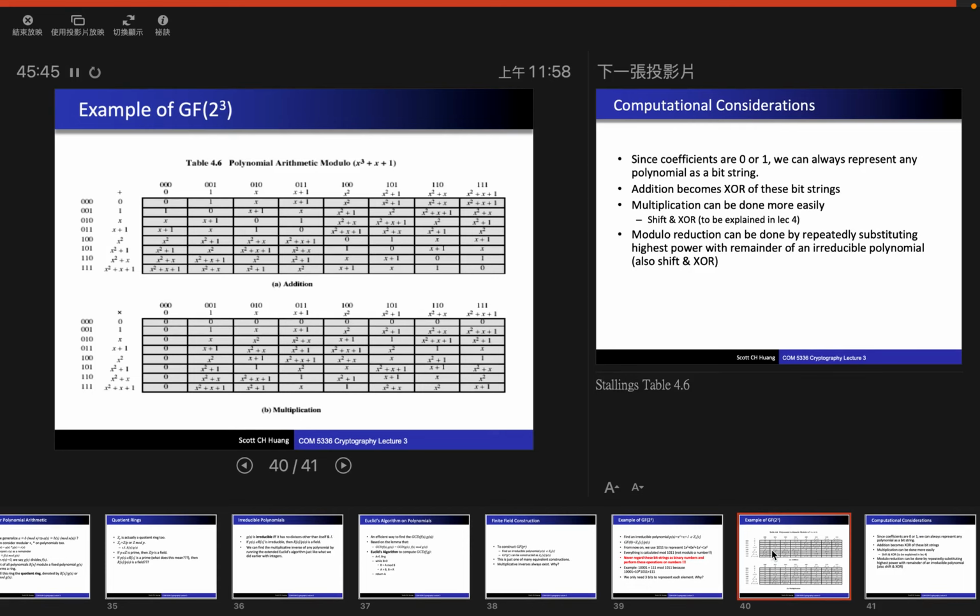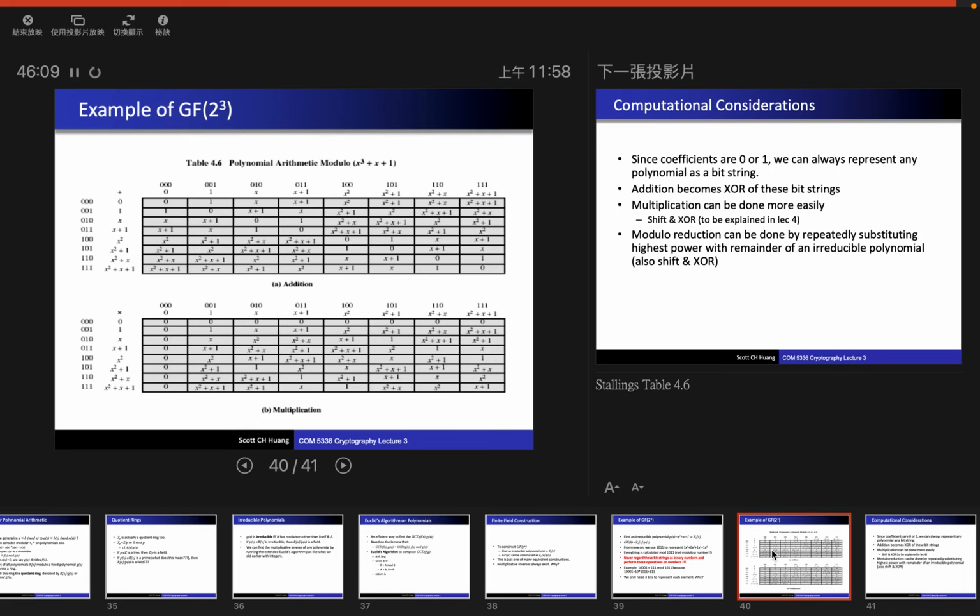So we have 8 elements, right? 0, 1, x, x plus 1, x squared, x squared plus 1, x squared plus x, x squared plus x plus 1. Okay? And then we can use these numbers to represent it. That's exactly what it is, right? So this is GF8, and then we can have the multiplication table according to this.